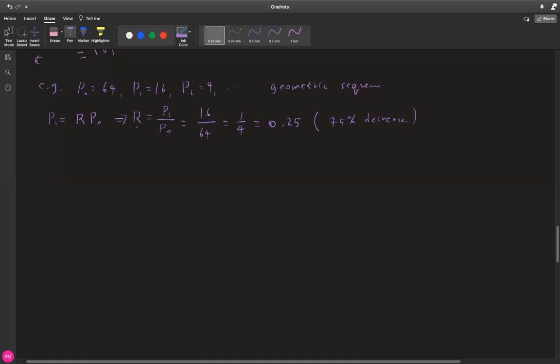So now we can take these two pieces and conclude that the common ratio is actually 0.25 or a quarter, whichever you prefer. So now let's find the sum, let's say up to 7.